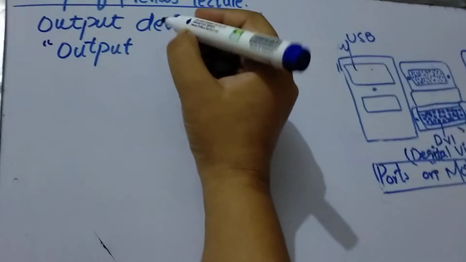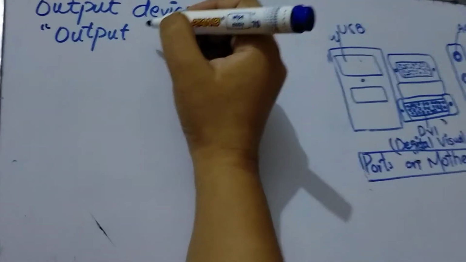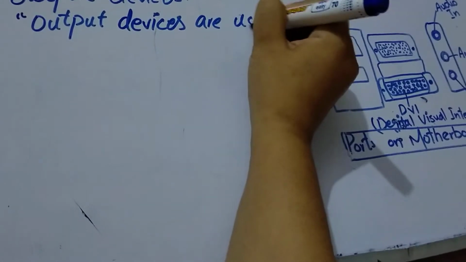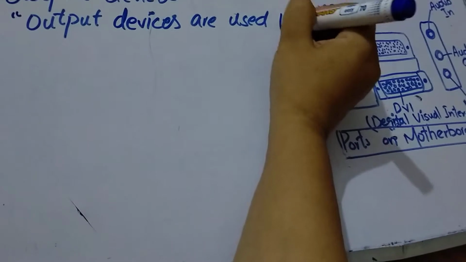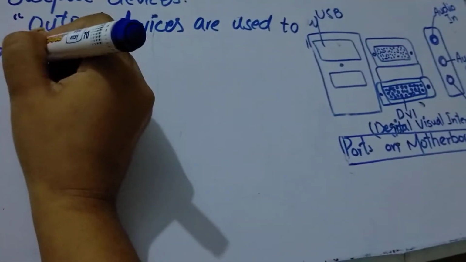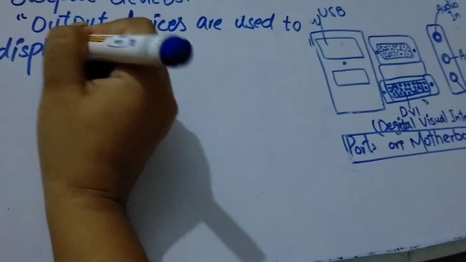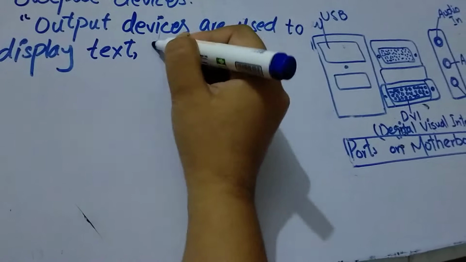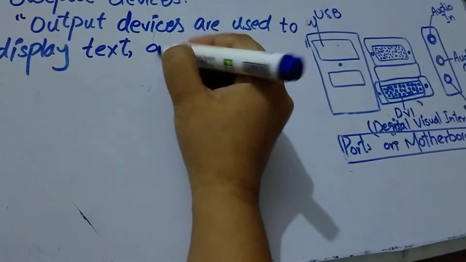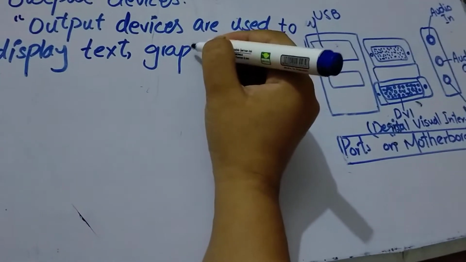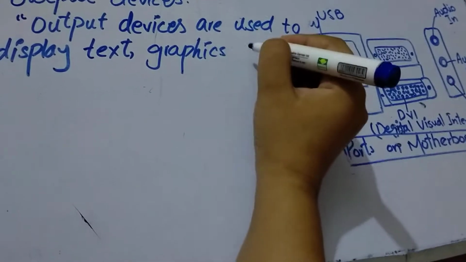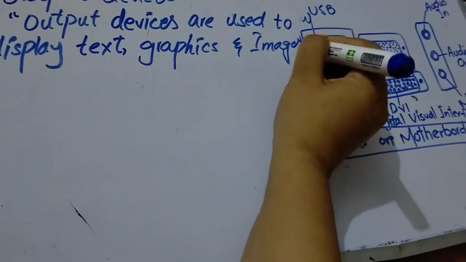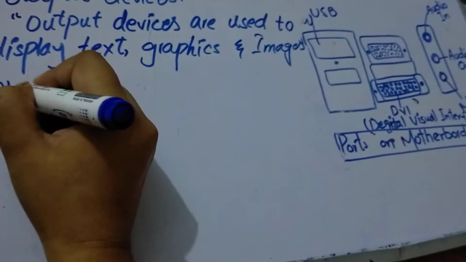Output devices are used to display text, graphics, and images on the monitor.